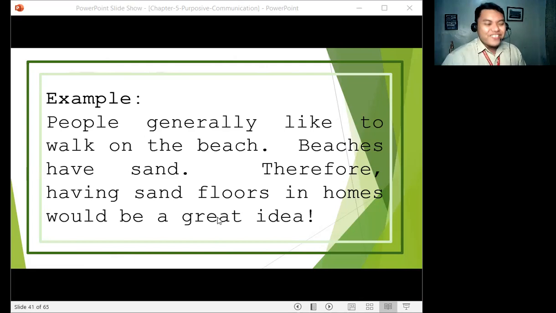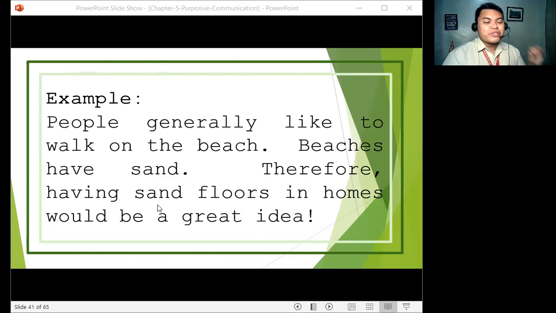Why? This erroneous reasoning is committed when the conclusion does not reasonably follow from the argument. The argument there is people generally like to walk on the beach. Okay? And the conclusion, therefore, having sand floors in homes would be a great idea because people generally like to walk on the beach, and in beaches, they have sand.